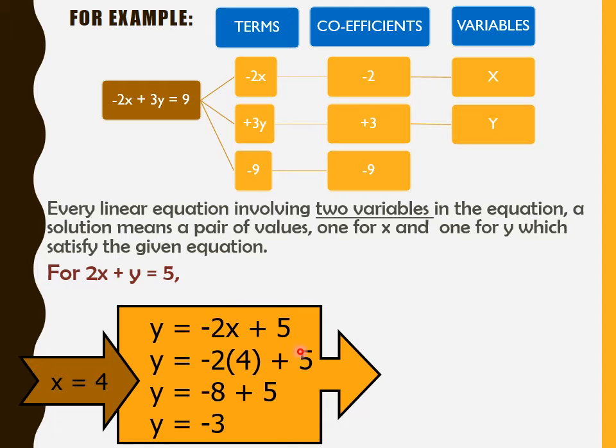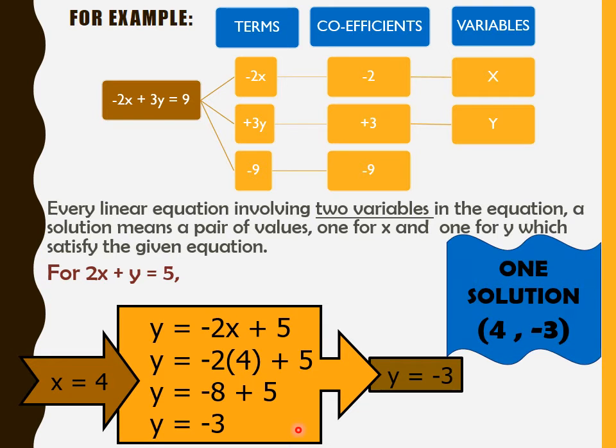Now let us put the value of x as 4, and after solving it we get the final value of y as minus 3. So hence we can say the pair of values, or the ordered pair, which satisfies the linear equation in two variables is (4, minus 3), 4 being the x coordinate and minus 3 being the y coordinate.